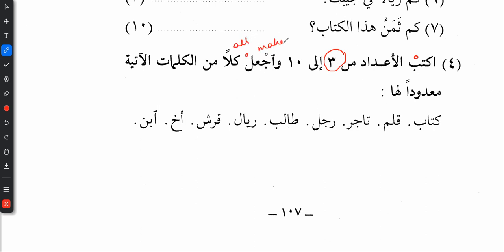Minal kalimat, kalimat is the plural of kalima, meaning words. Al-atiya, the following words. Ma'adudan laha means you have to make all these words as counted nouns, and if you're making it a ma'adud, you have to make it plural.